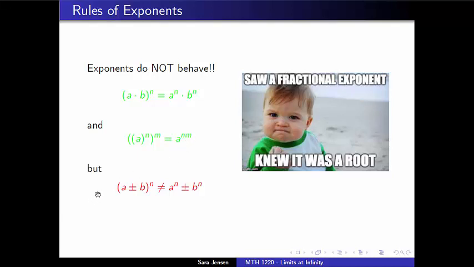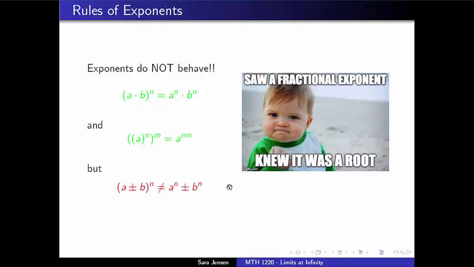It is important to keep in mind, however, that not all things that look like mathematical rules are mathematical rules. Although when we have a multiplication sign inside these parentheses, we need to distribute the nth power on that exponent. If we would have changed that times to either a plus or a minus, we would not distribute that n to both terms.